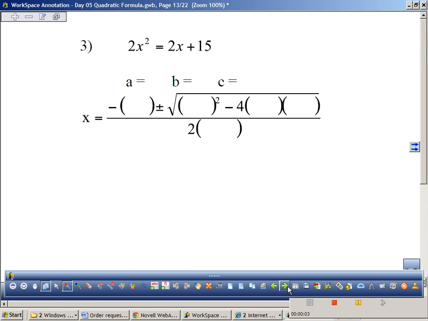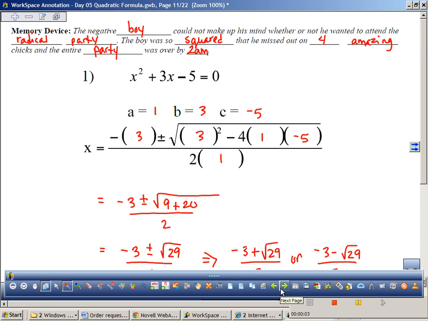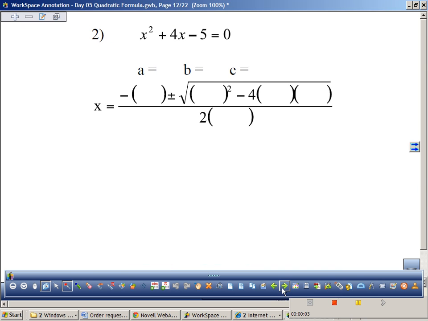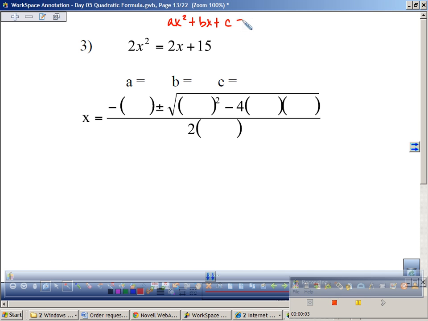All right, let's move to number 3. Okay, let's do number 3. So this is the form we need. This is the standard form of the quadratic equation. We skipped 2 for right now.